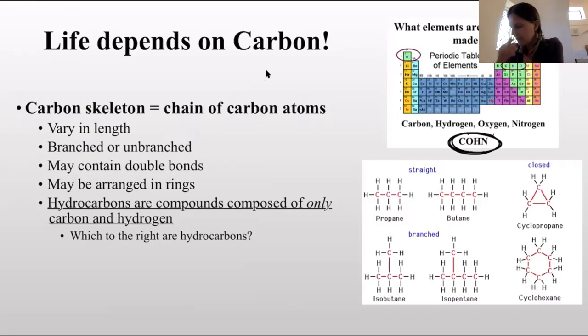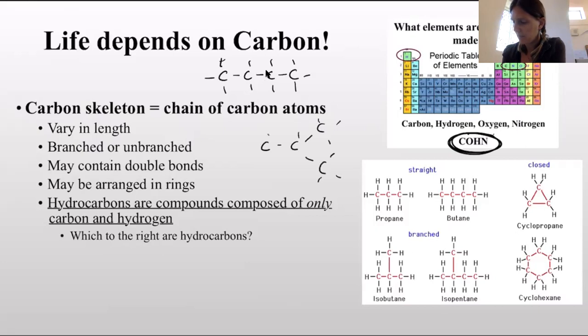Carbon skeletons are chains of carbon atoms, like I drew on the previous slide. They can vary in length. They can be branched or unbranched. So this one up here, if these all have H's, is unbranched. A branched one would be something like that.